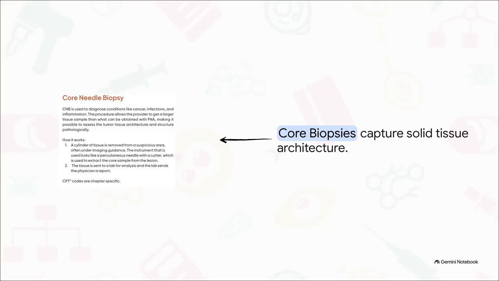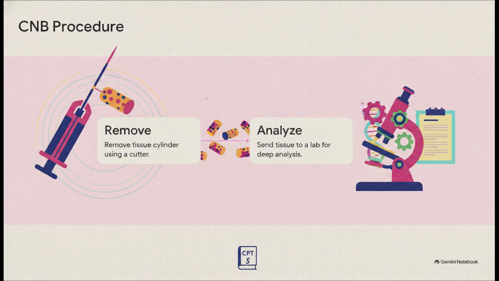Now, what's really interesting is the totally distinct purpose of the core needle biopsy. Because the provider needs that larger sample we talked about, this procedure is all about capturing the actual tumor's architecture. You're grabbing a solid core of tissue to really see how those cells are structured and connected pathologically. So the CNB process is just a bit heavier. Step 1, the physician removes a solid cylinder of tissue from a suspicious area, usually under imaging guidance.